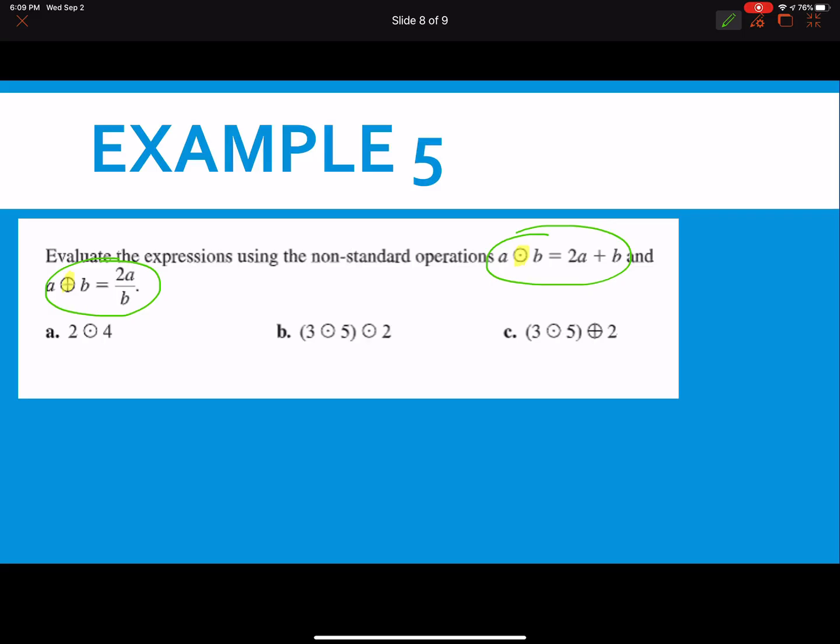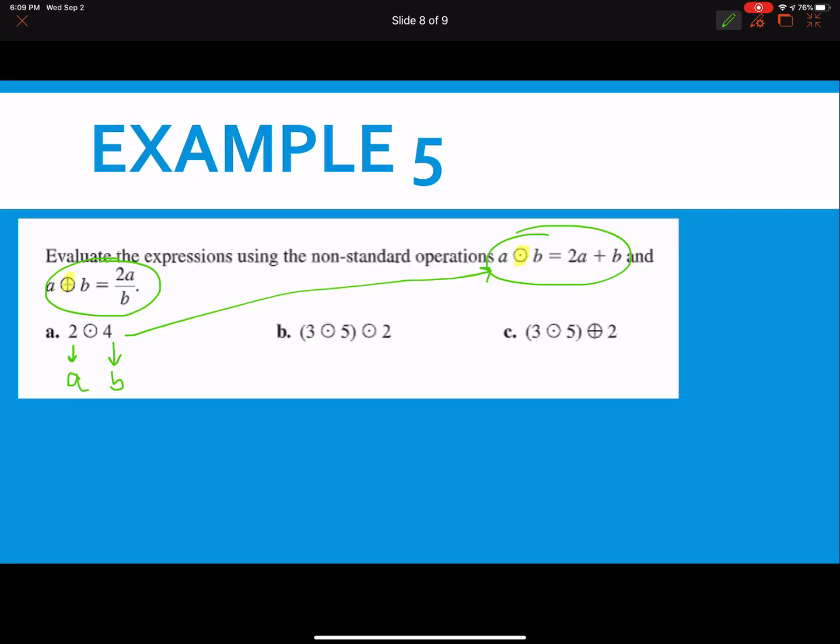So if I look at A and I notice that the symbol in between the 2 and the 4 is the dot, then I'm going to refer to this operation right here. Notice that I basically have a 2 in place of the A and a 4 in place of the B. Those are the values I'm going to substitute.